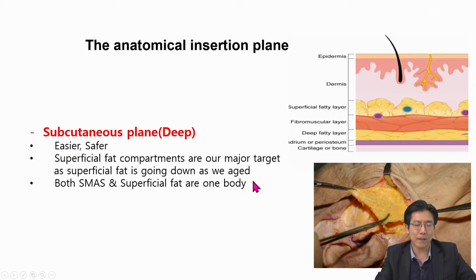So when we dissect a cadaver or when we do surgery like a facelift, we can understand that SMAS and superficial fat are actually one body. So where can we go? Definitely go into the deep subcutaneous layer. So we should have good anatomical knowledge of the subcutaneous layer.